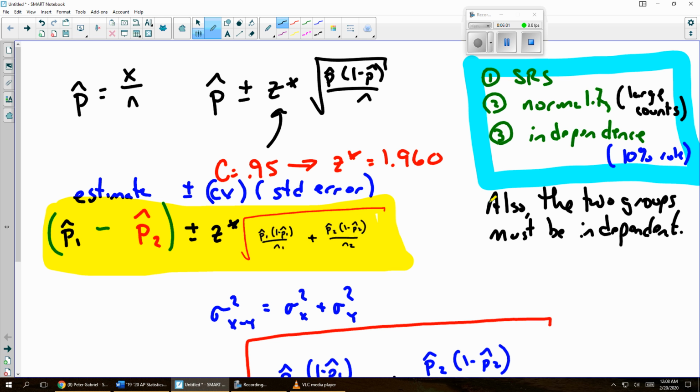If that's met, those three conditions for both samples, and then that condition in black, considering the samples together, if those are met, then this formula right here is a good formula for a confidence interval.